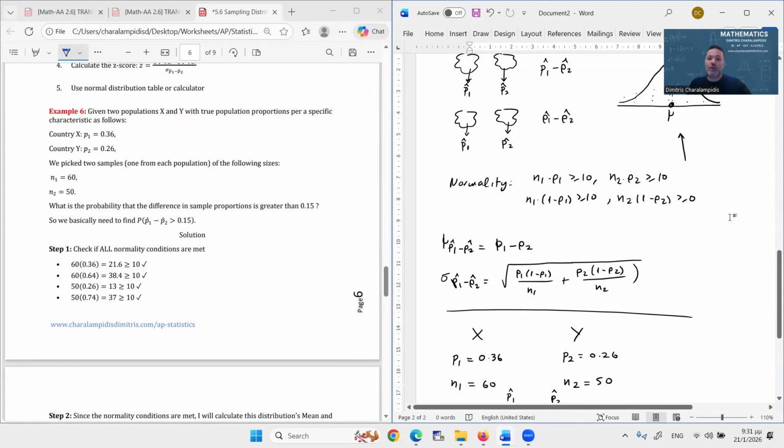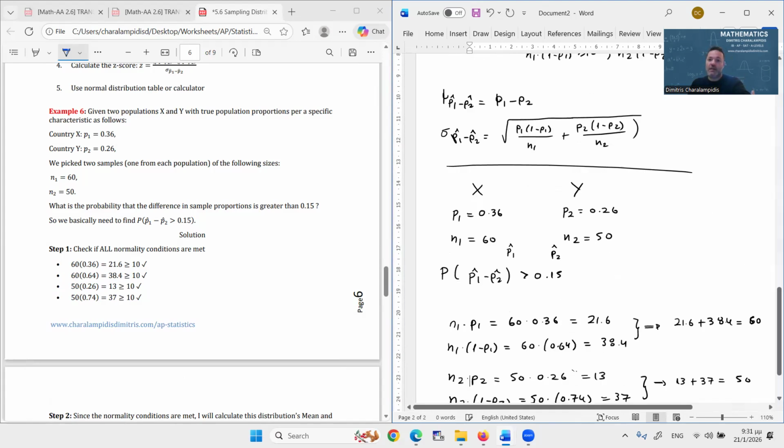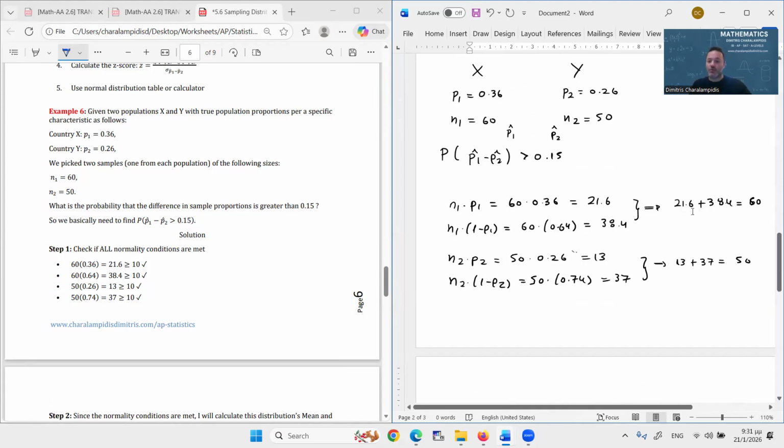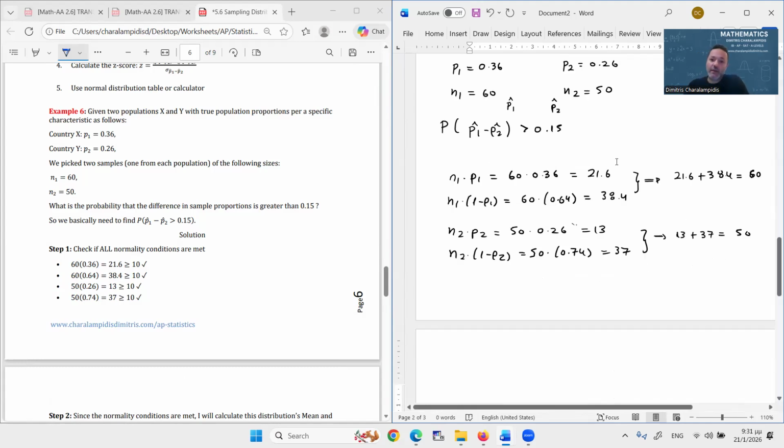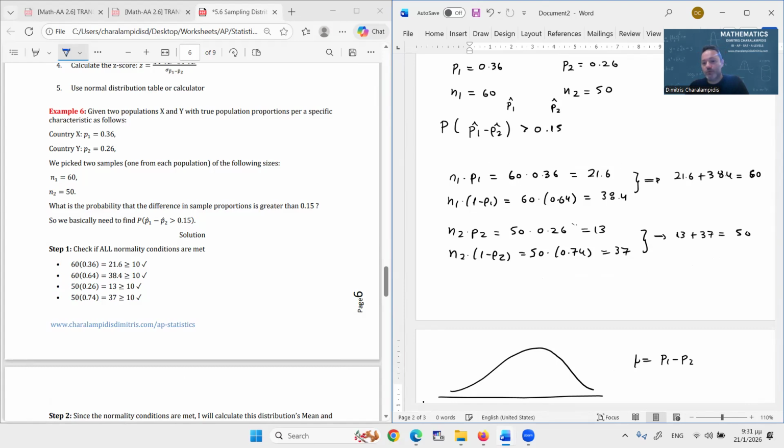This means only one thing: I know that the sampling distribution of the differences of sample proportions will be approximately normal. And not just this, the mean of it would be the difference between the actual population proportions, p1 minus p2, which is 0.10.